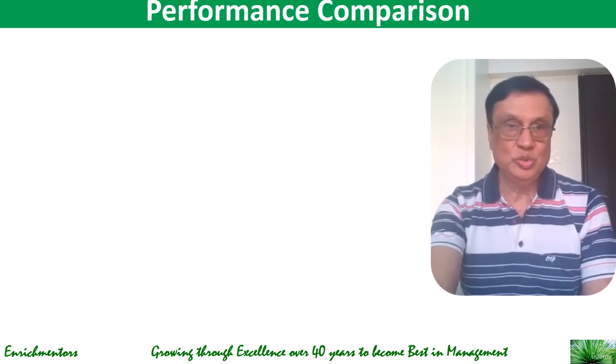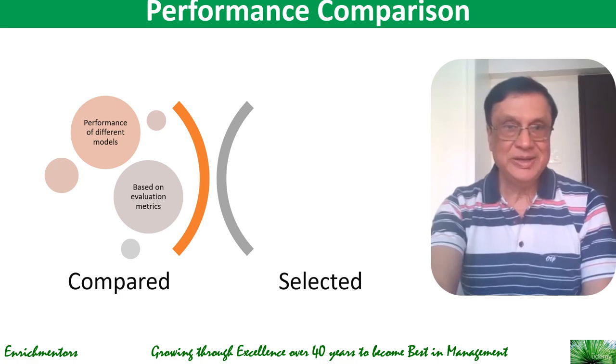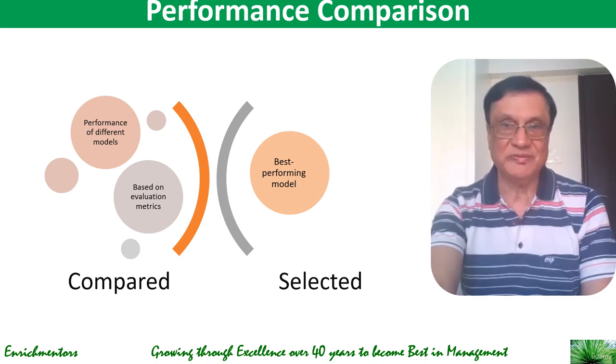They went on to compare the performance of the different models based on the evaluation criteria and selected the best performing model as the baseline. So that's how the model selection finally happened based on the performance comparisons.